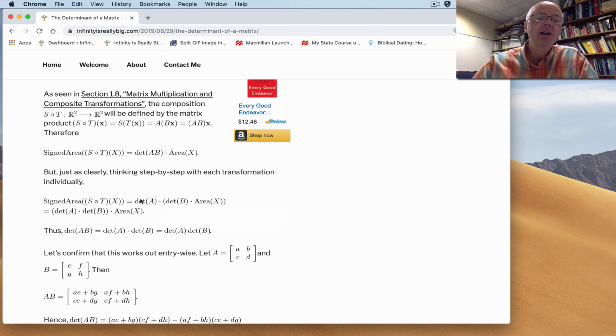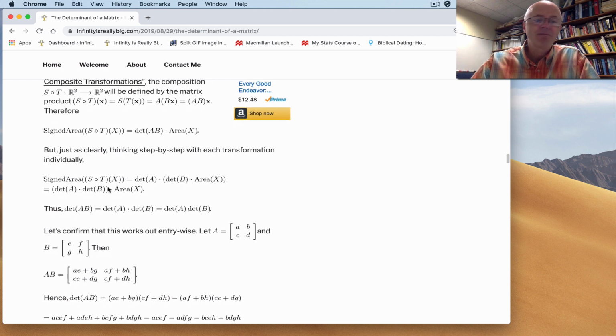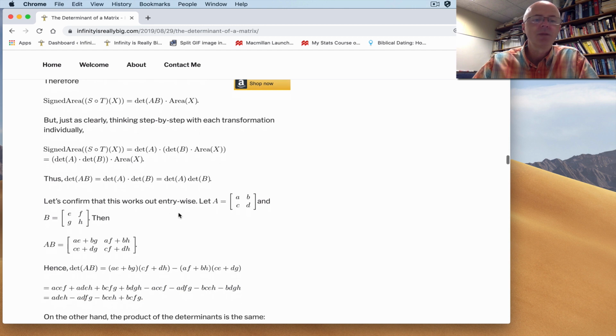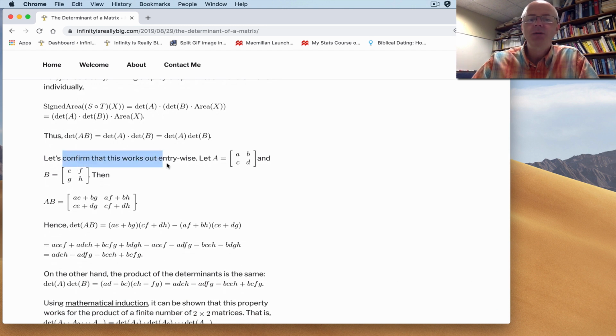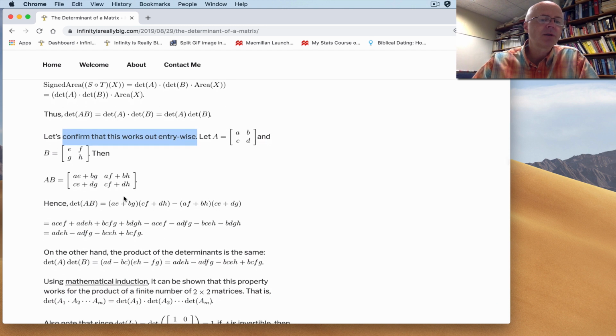And then the signed area, when you now apply S to the new set, is going to be the determinant of A times this thing, which is really, again, the signed area of the image of X under T. And that, just by properties of multiplication, is the same as this. So these two things, here and here, must be equal. So the determinants in front of them must be equal. This must be true.